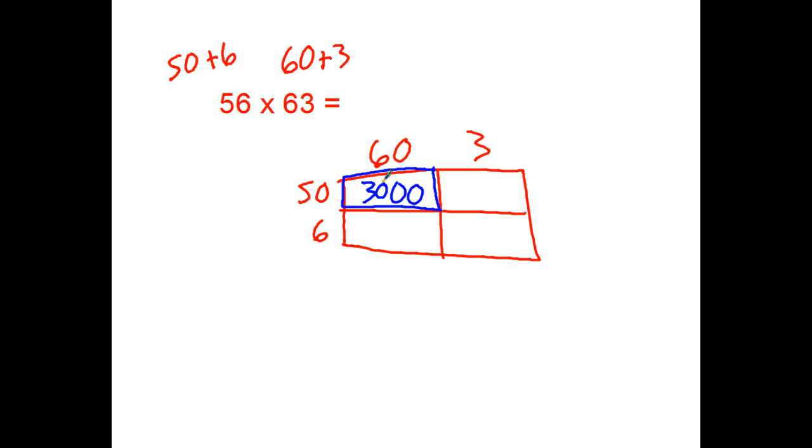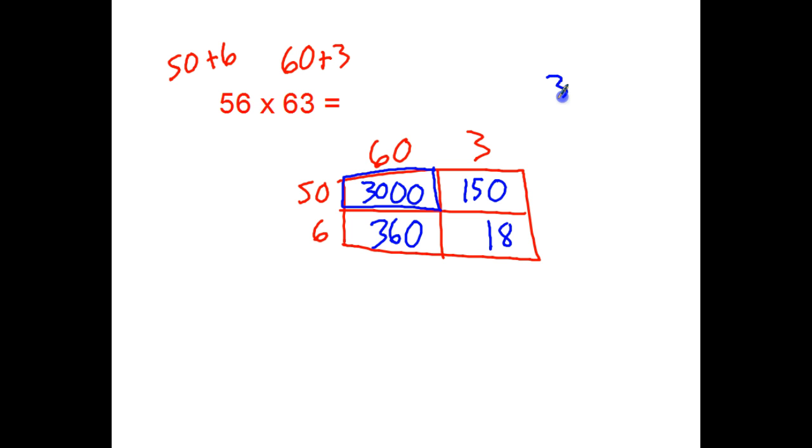So 50 times 60 is 3,000. 6 times 60, down my 0, 6 times 6 is 36, so 6 times 60 is 360. Top, right, 3 times 50, 1 0, 3 times 5 is 15, so it equals 150. And 3 times 6 is 18.